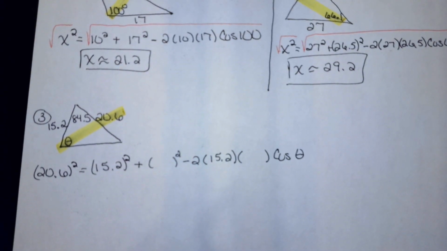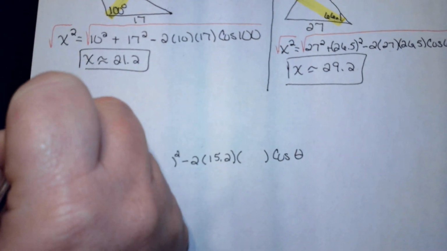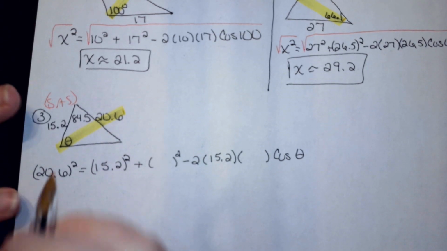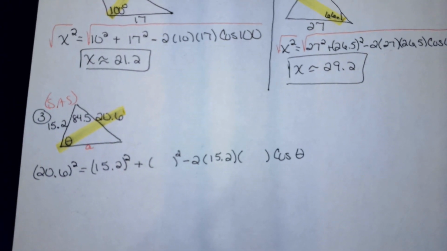So we've got multiple unknowns, so we can't just use it from the get-go. So this is actually a two-stepper. If you notice, we got side, angle, side. So yes, this one's a multi-step problem, so it is a more difficult problem than number 1 and 2. What we have to do first is we have to find this missing side. So let's just call that A. You can call it any letter you want.